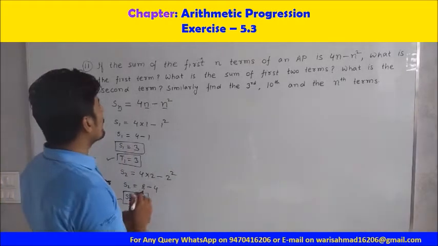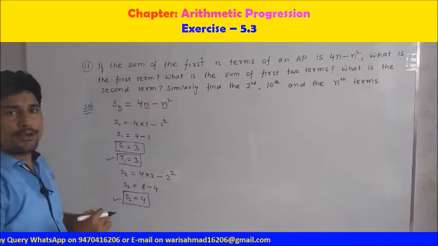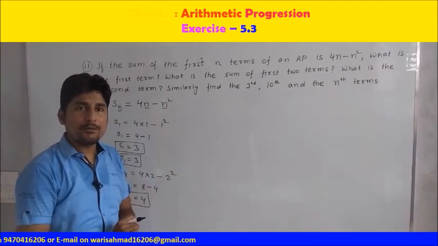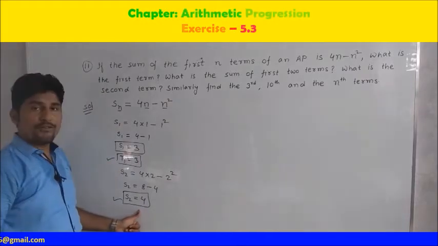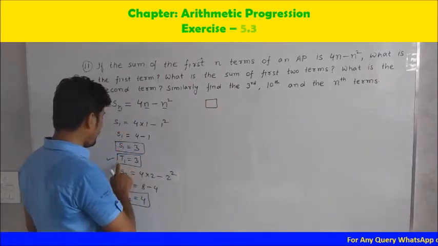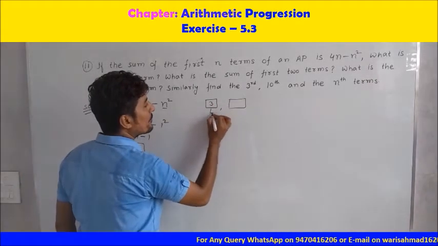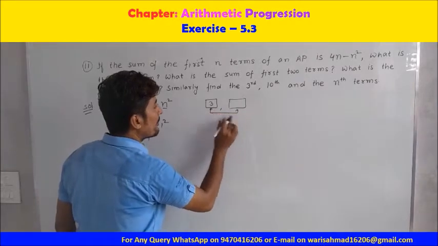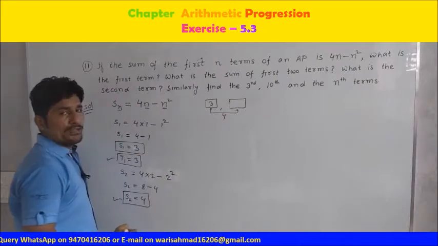After that, the next question is, what is the second term? We have to find out the second term of the AP. The first term of the AP is 3 and the sum of the first two terms is already given as 4.